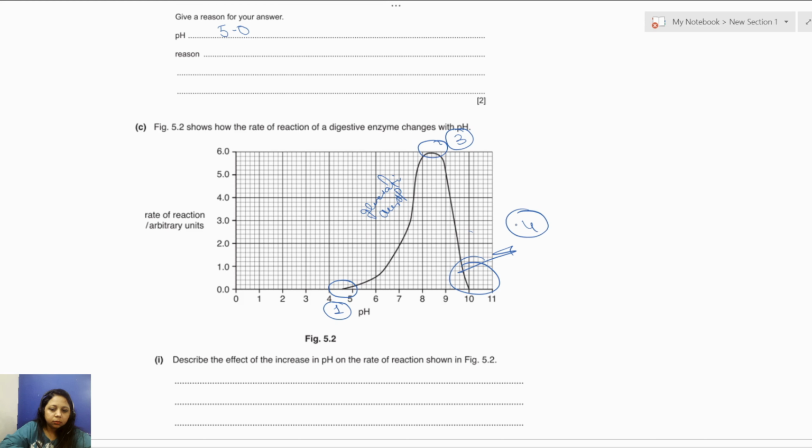Okay, let's say I'm just answering it. So at pH 5, the activity before pH 5 is 0, but it increases exponentially. Now I have used the word exponentially.